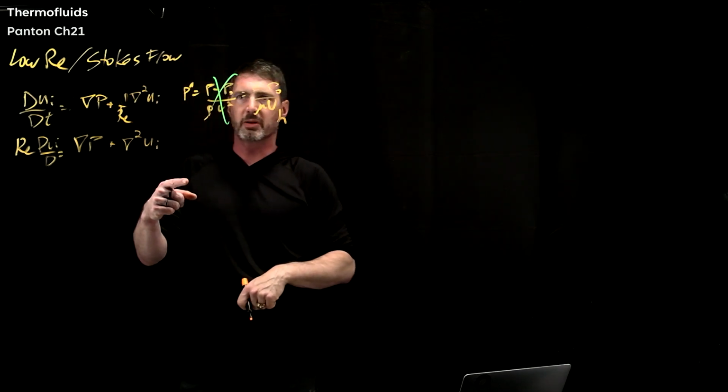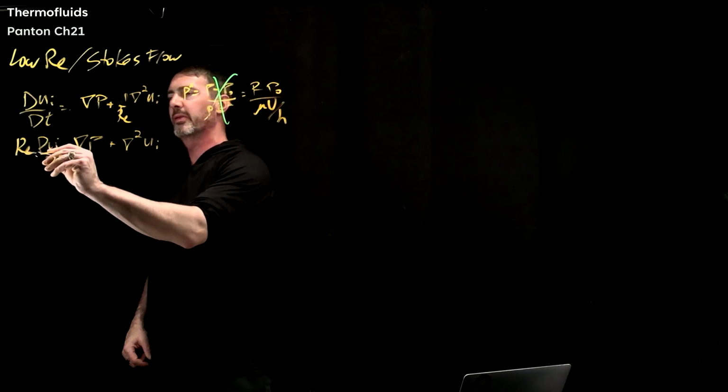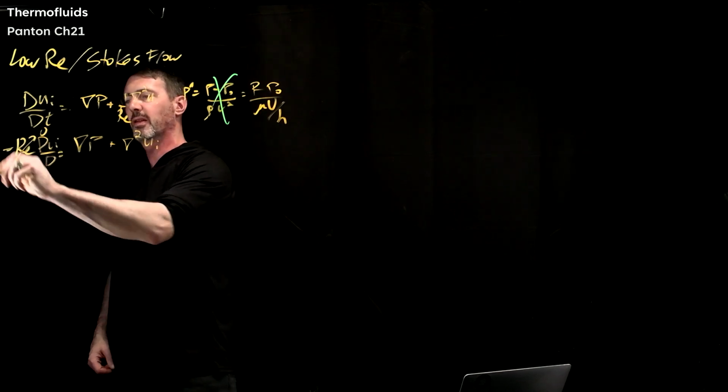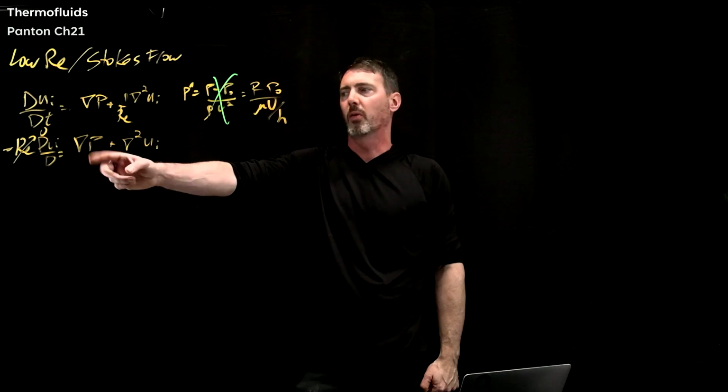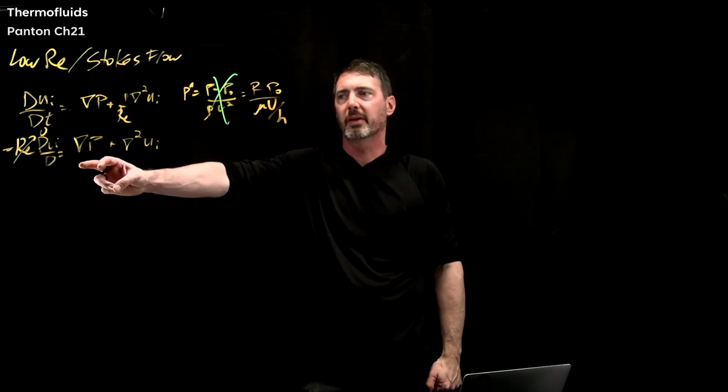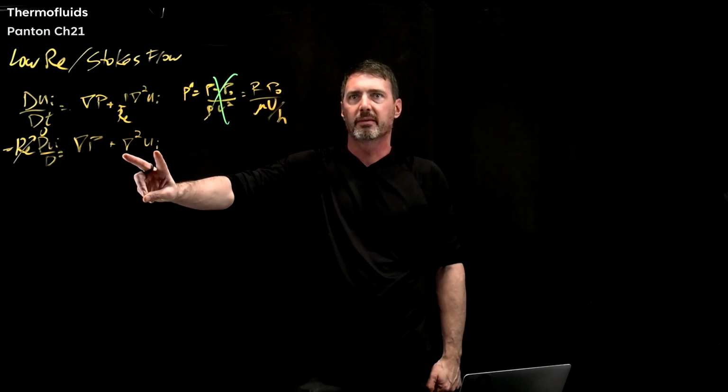So all non-dimensional, and then you send the Reynolds number to 0, and you get 0 on the left-hand side. Basically, inertia is not going to play a role here. It's only the pressures being built and the velocity field.